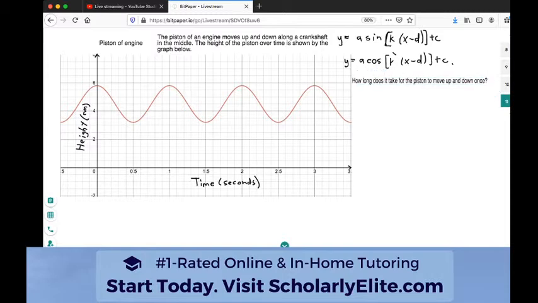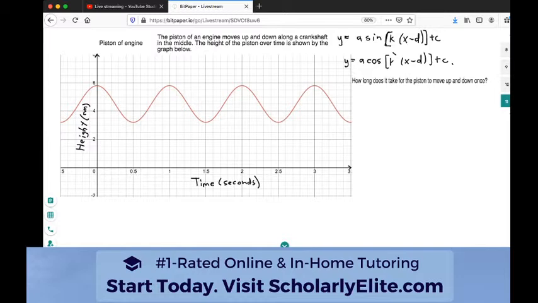How long does it take for the piston to move up and down once? So, as we discussed last week, there are a couple different variables and factors that we need to be concerned about. In our equations, we have the letters A, K, D, and C. A is the amplitude, which tells us how much of a vertical stretch there is.